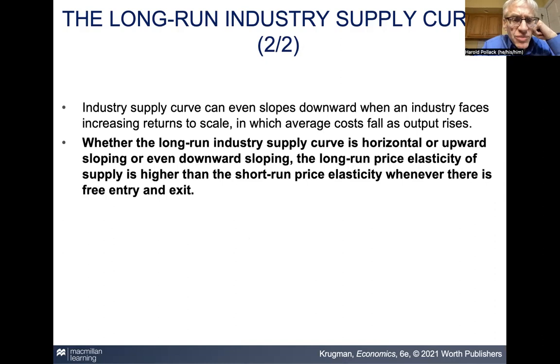It's even possible in some ways to have the slopes go down, although in general, most of the time we say the extreme case is kind of flat. But if there's super increasing returns to scale, you'll occasionally see that.